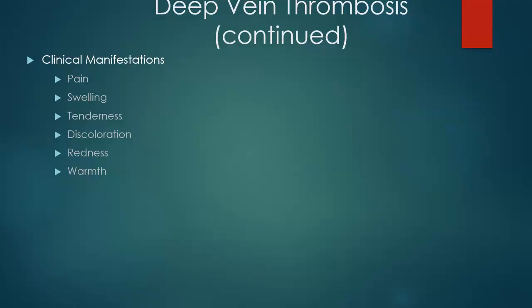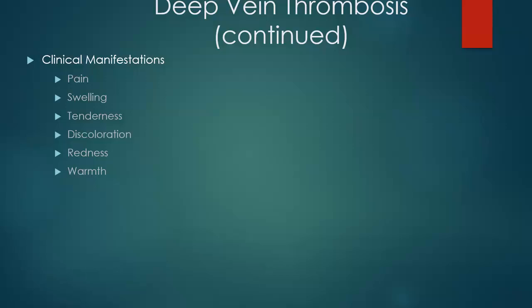The clinical manifestations really vary depending on the size, the location, the degree of occlusion, and adequacy of the collateral circulation. Table 31.13 in your book does a really good job of describing the common clinical manifestations that we see with calf, femoral, iliofemoral, and upper extremity thrombosis.